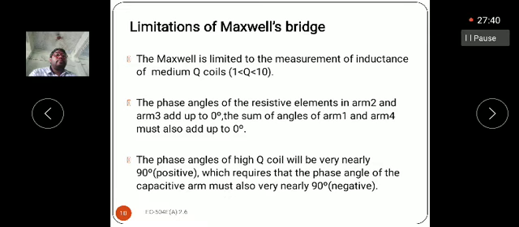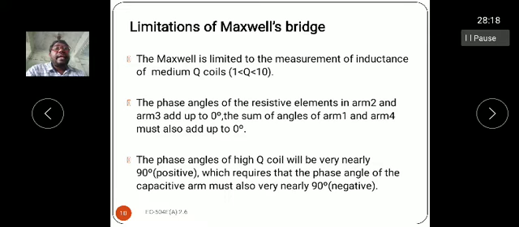Generally, the quality factor is the ratio of the voltage across the capacitor or inductor to the applied voltage, or the maximum stored energy per cycle to the maximum energy dissipated per cycle. That means how much loss, that is dissipation, relative to how much energy is stored. The ratio represents the quality factor.